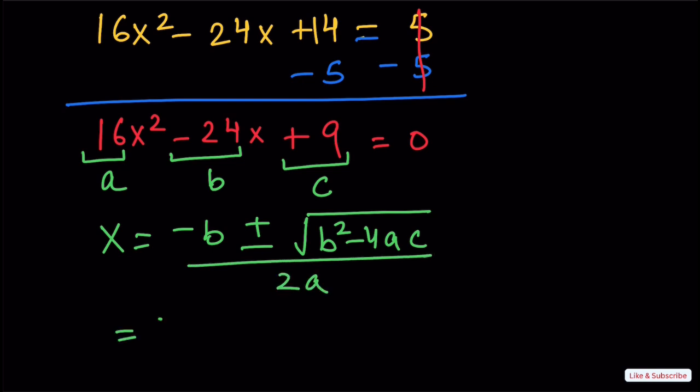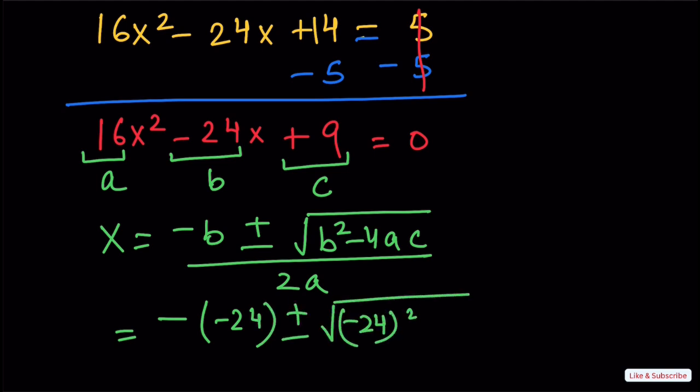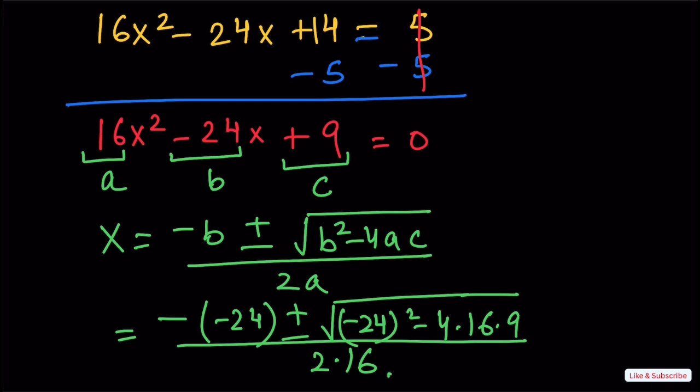Now plug in the corresponding values. The value of b is negative 24, plus minus root of b squared, that's negative 24 squared, minus 4 into a, that's 16, and c, that is 9. And in the denominator, I got 2 times 16.